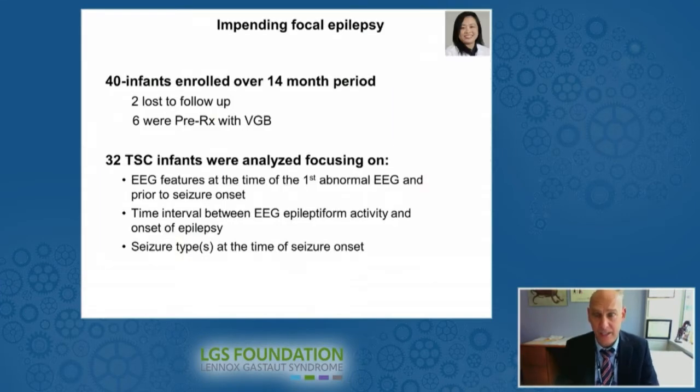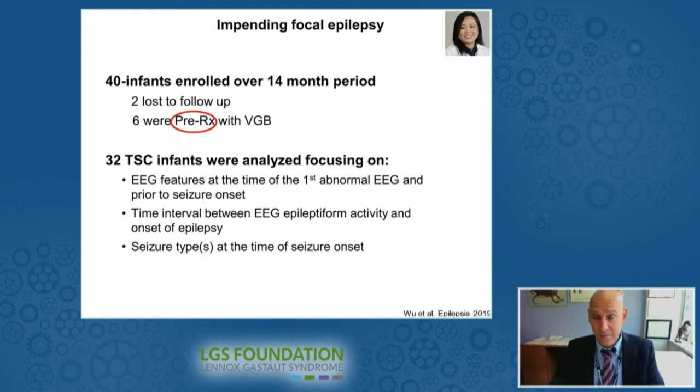And here is a subset of 40 children of these 160 children that we did serial EEG monitoring on. 2 were lost to follow-up, and 6 were pre-treated with vigabatrin. That was just basically because we were seeing such horrid EEG abnormalities with broad spike and wave complexes, polyspike and wave with overriding fast activity, really a stage that was preceding spasms.